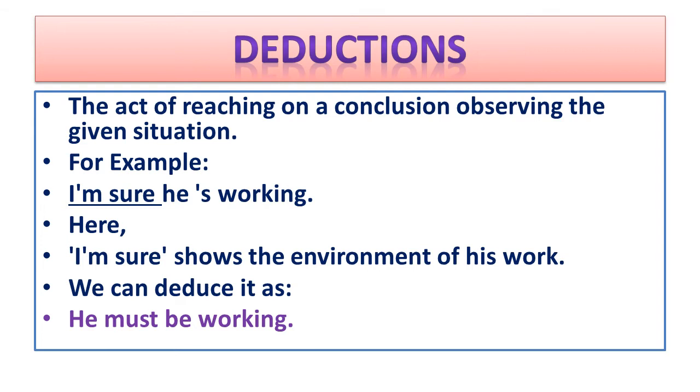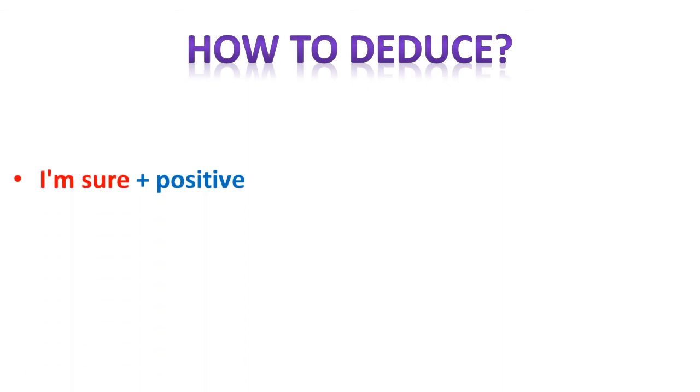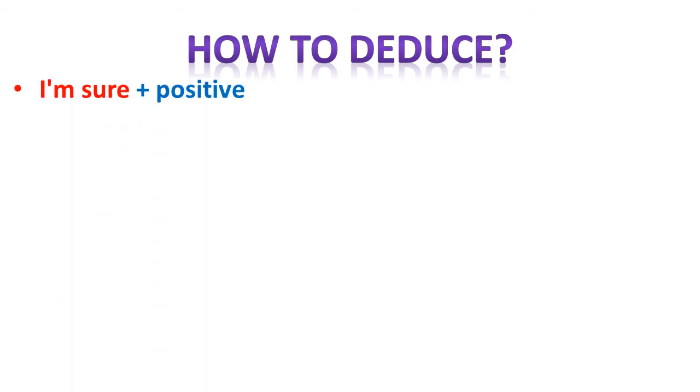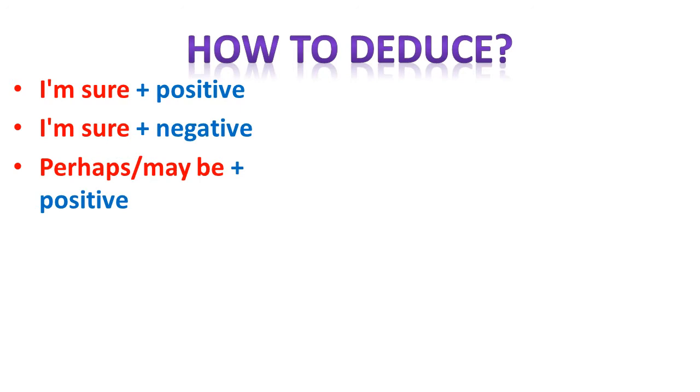The clothes we can see here, he is walking, and we can deduce this as he must be walking. So for deductions we can see some clues here, some of the conditions we can observe.